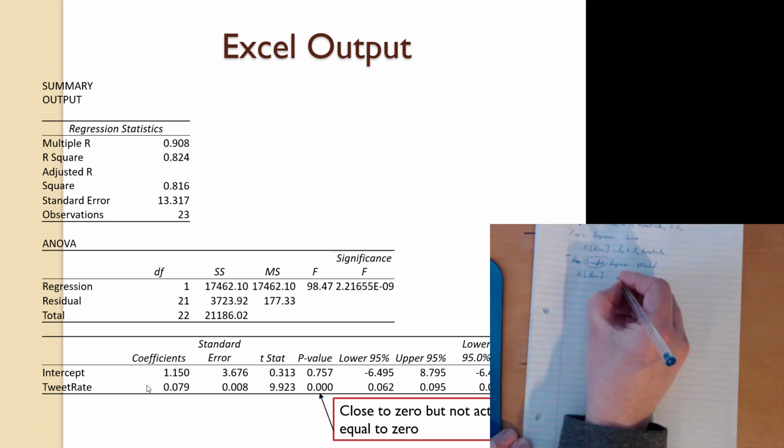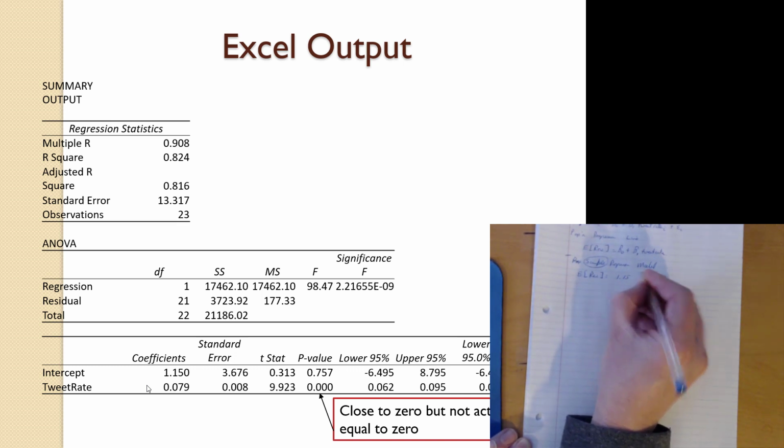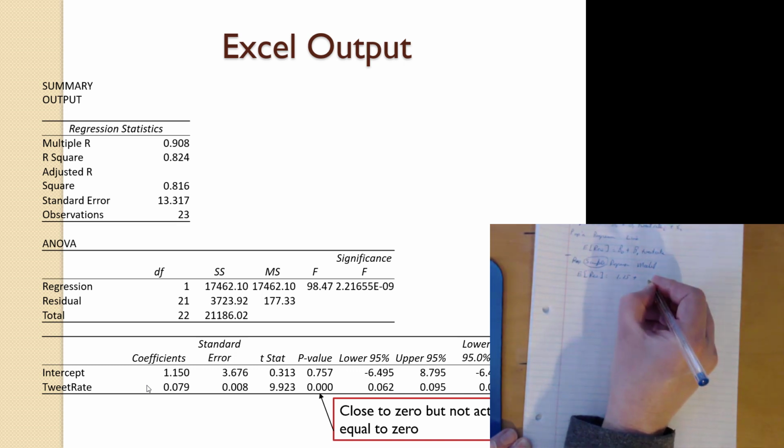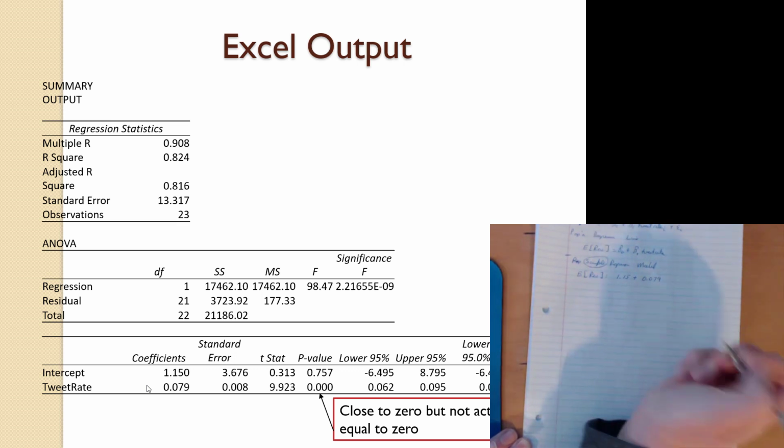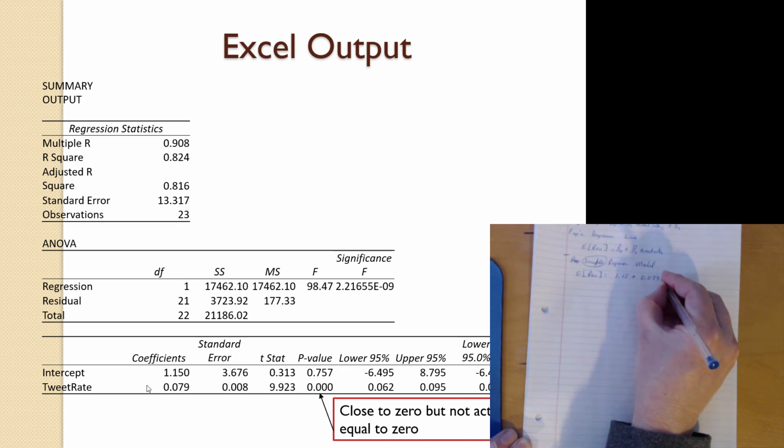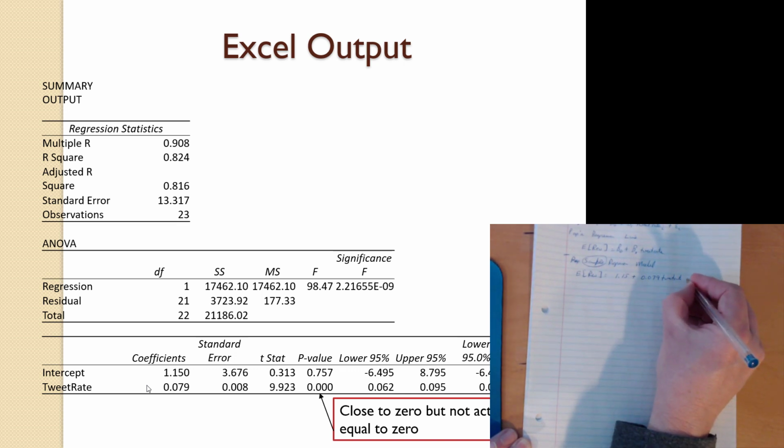What's our intercept? Well, I look at the coefficient for intercept, and I get 1.15, plus my estimate for the slope, times tweet rate, and because it's an error, plus E.